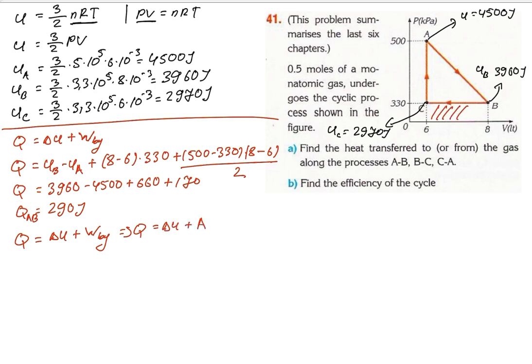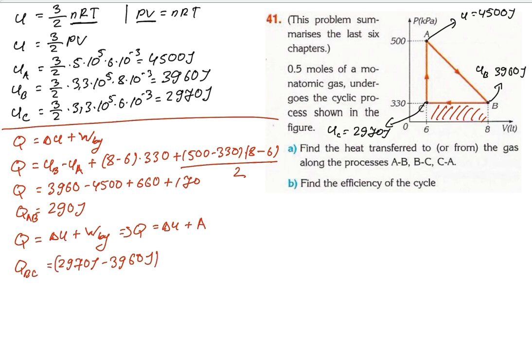Area is this small area here. So Q between B and C is gonna be the difference, the final is 2,970 joules minus the initial is 3,960 joules of energy.